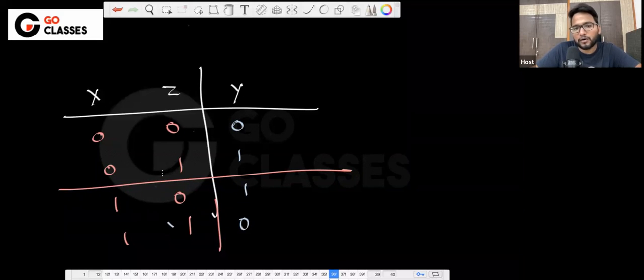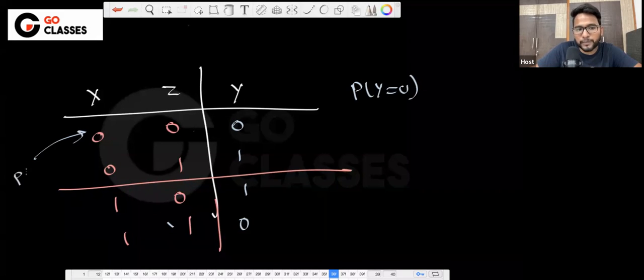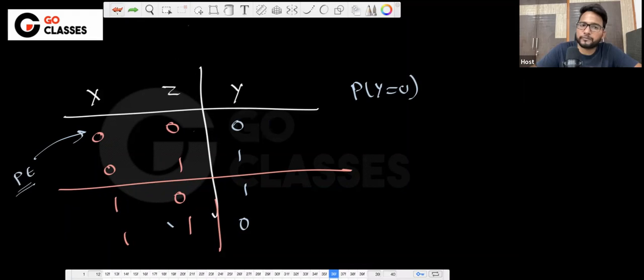Now, if I ask you what is the probability that Y is 0, then you will just sum up both of these. Why? Just understand here that the row where X is 0 and Z is 0 has some probability, which is P into epsilon. Now tell me, is there any different probability for Y being 0? Do you have to add or multiply something?